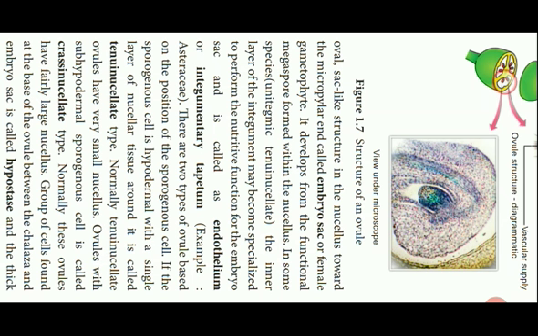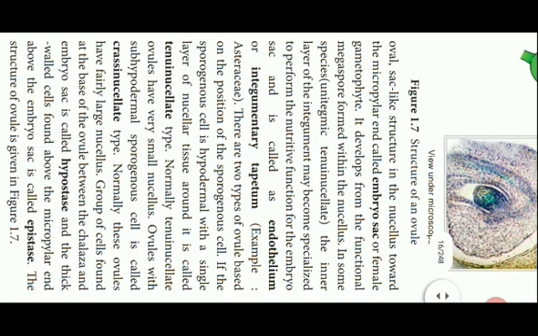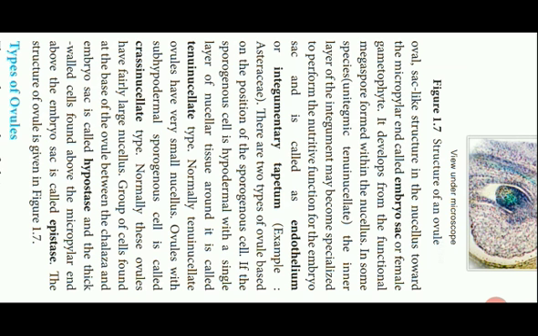So based on the position of the sporogenous cell, whether it is present in the hypodermal cell or the sub-hypodermal cell, two types of ovules have been divided. One is tenuinucellate, another one is crassinucellate.